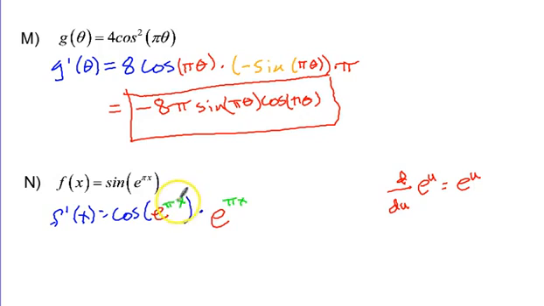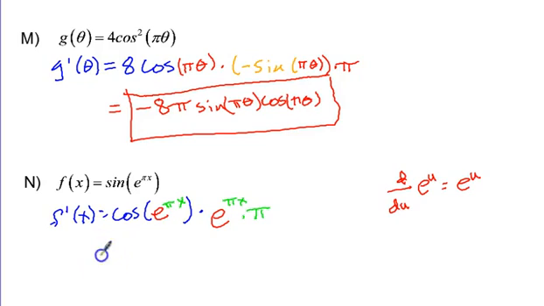But you'll notice that u, the exponent, is itself a function of x, pi times x. It's a linear function, and so I need to multiply by the derivative of the inside function of e to the pi x. So the derivative of pi times x is pi.